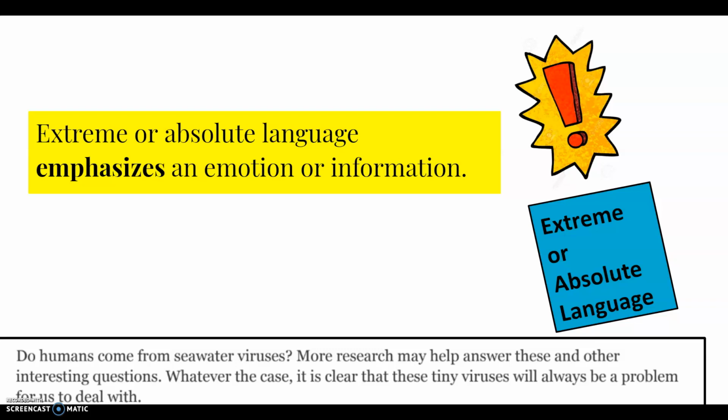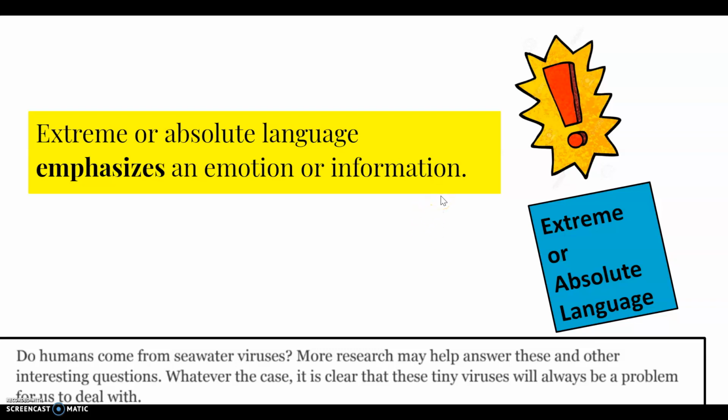Whatever the case, it is clear that these tiny viruses will always be a problem for us to deal with. Using the word always is absolute. The author is certain that viruses will always be a problem for us to deal with. He is emphasizing that viruses will always be a problem for humans.